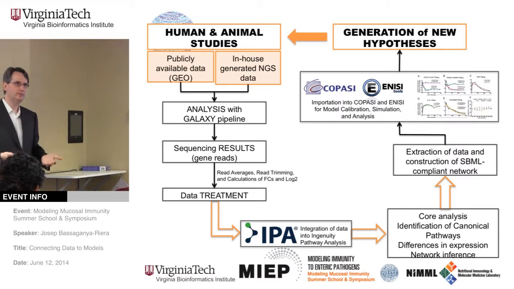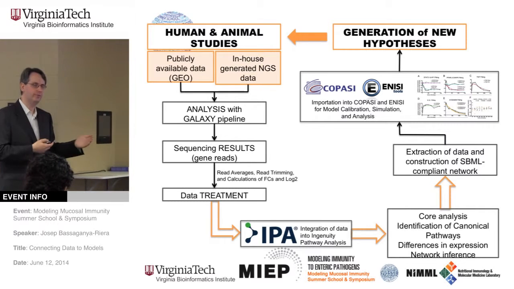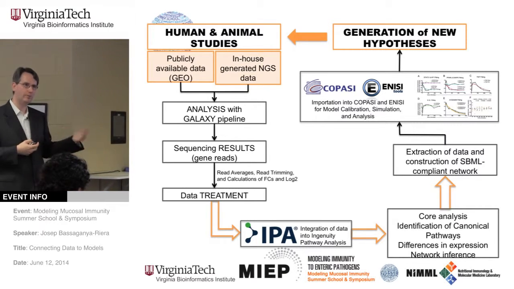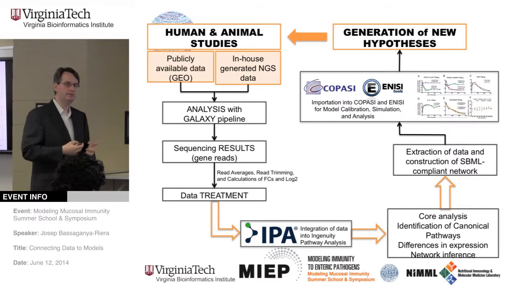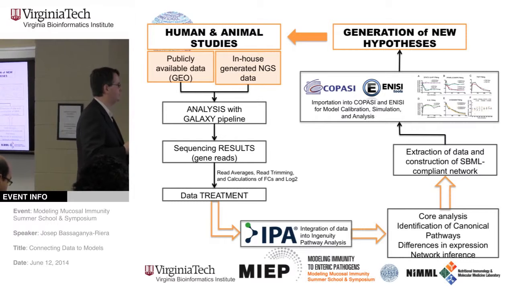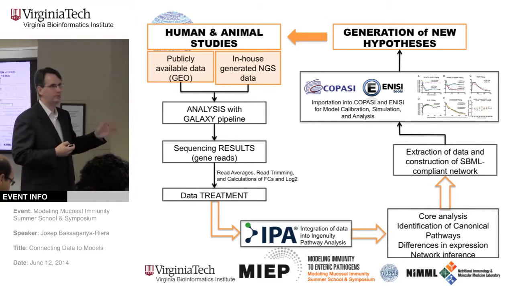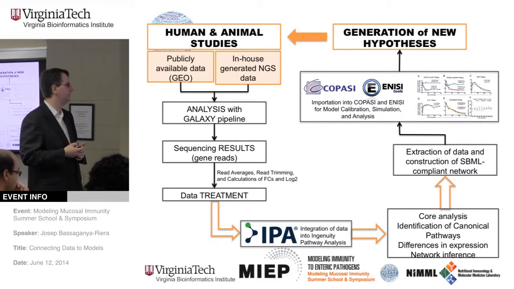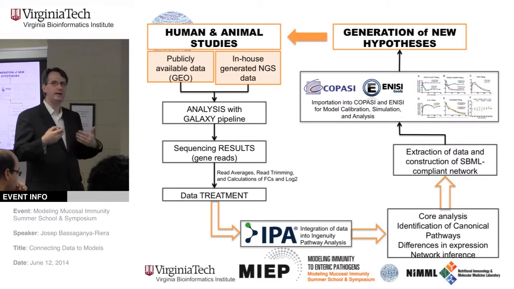So we are still in the process of going back and forth with our tissue-level model and our experimental validations. And we decided to use, and now you are probably familiar with several aspects of this pipeline, we decided to go to the big data.